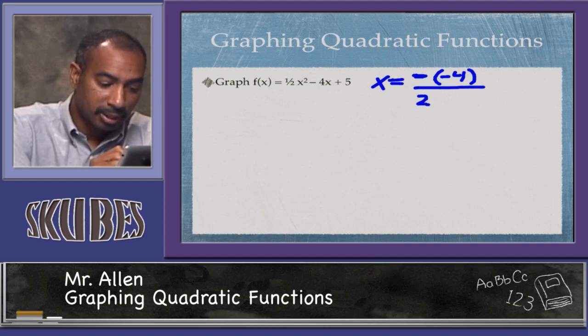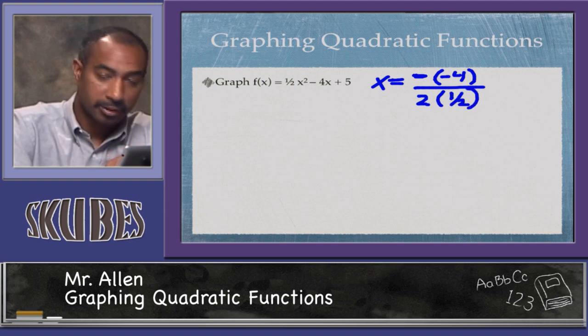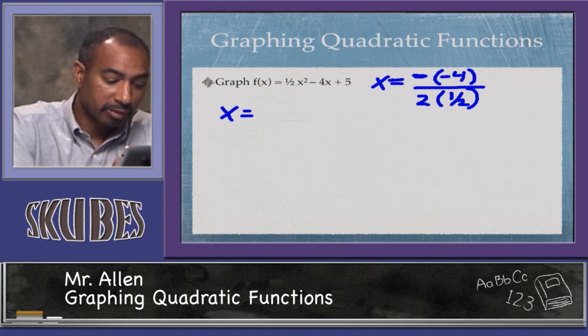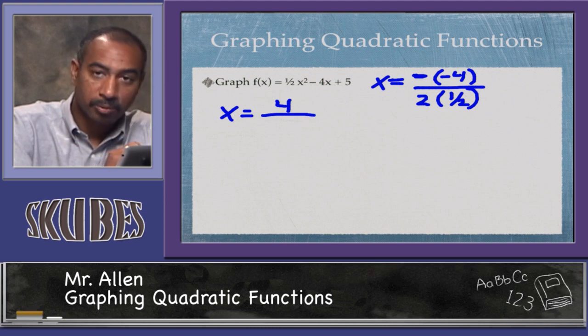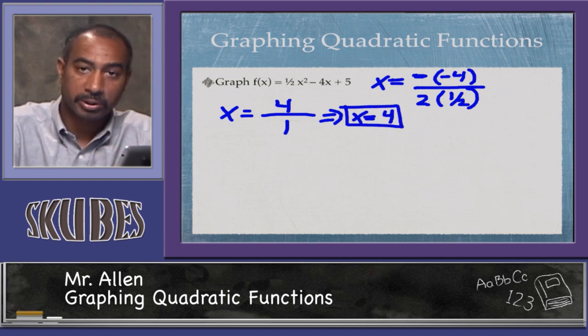And then 2 times a. A happens to be 1/2, so I'll put 1/2 here. And just simplify that. Negative and negative is positive, so it's going to be positive 4. 2 times 1/2 is 1. So this means that x equals 4. That is my line of symmetry.